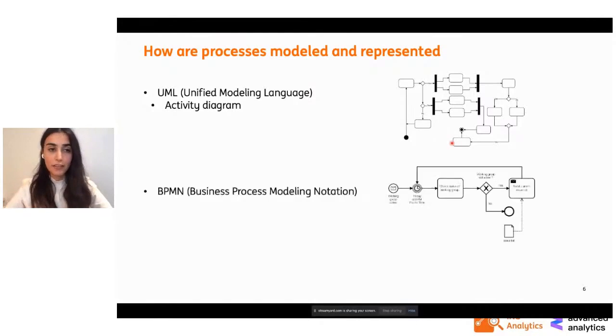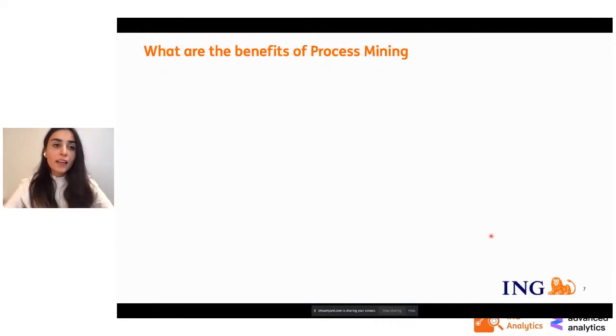And the other one is BPMN, which stands for Business Process Modeling Notation, which has events, activities, gateways, and connections. And all of these combined serve to show the processes that are happening in a specific system, environment, etc.